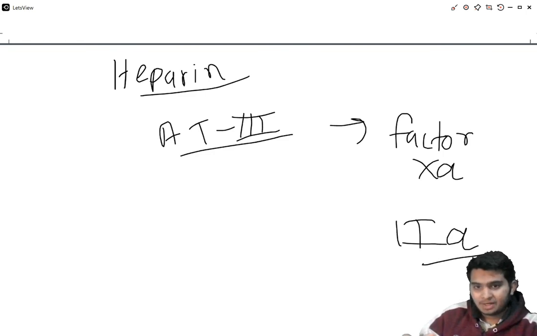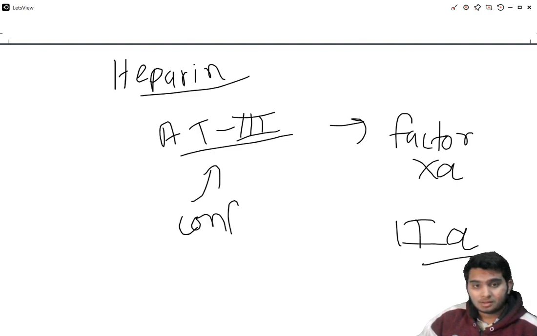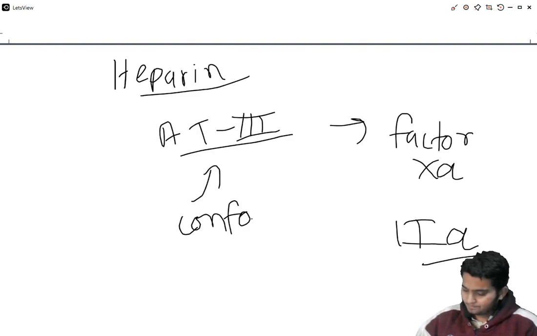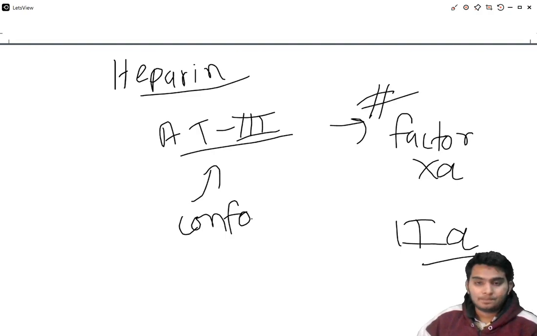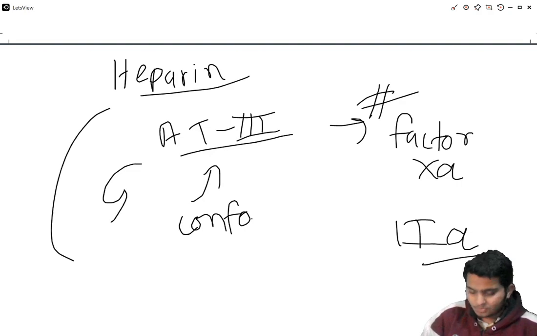There is a pentasaccharide sequence in the heparin which causes a conformational change in antithrombin III, which induces the inhibition of factor 10A, and the heparin molecule also provides scaffolding.